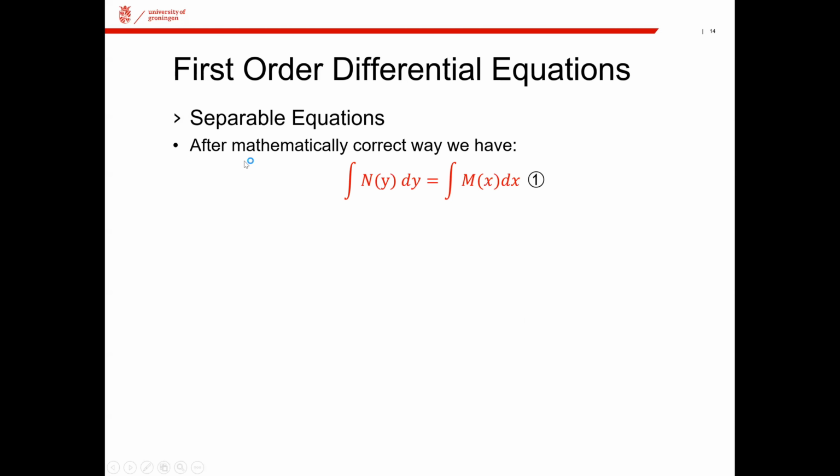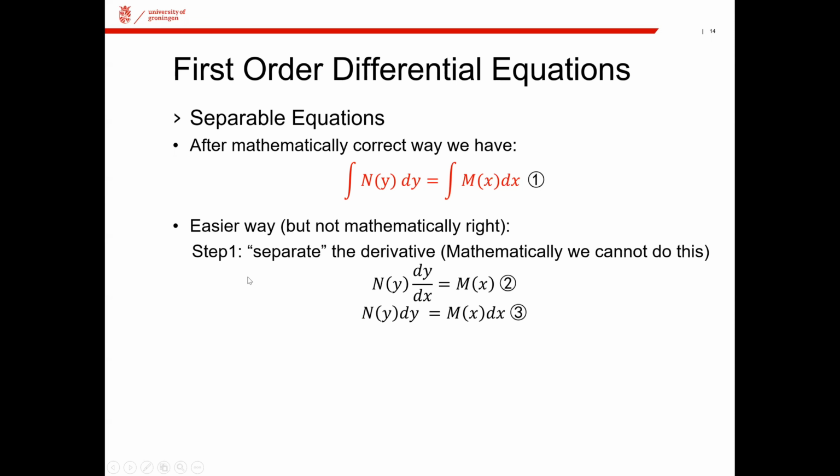Okay, and after the mathematically correct way, we have the first equation here, which is just what we talked about before. But there's an easier way to remember how we get this equation. It is not mathematically right, but it will help us remember how we achieve this equation. So the first step is to separate the derivative, but note that mathematically we cannot do this.